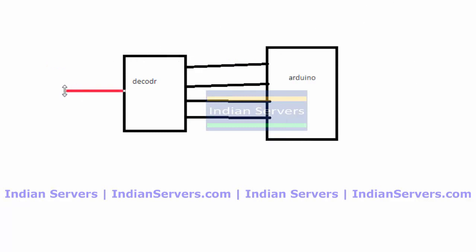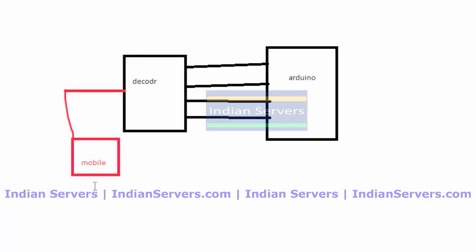This end is connected with the mobile phone. So the output of the DTMF decoder is connected to any four digital pins of the Arduino, and we will mention that if 2 is pressed, the robot should move in forward direction.